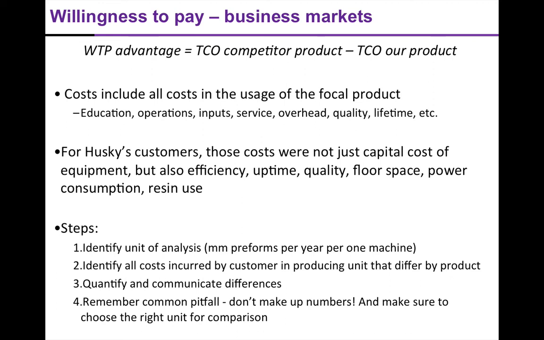The punchline of it is what we talked about with the Husky case, which is that the willingness to pay advantage that a firm has is the difference between the total cost of ownership of a competitor's product less the total cost of ownership of my product. And the key to a company like Husky is that the total cost of ownership of these products is only partly the capital cost of the products.